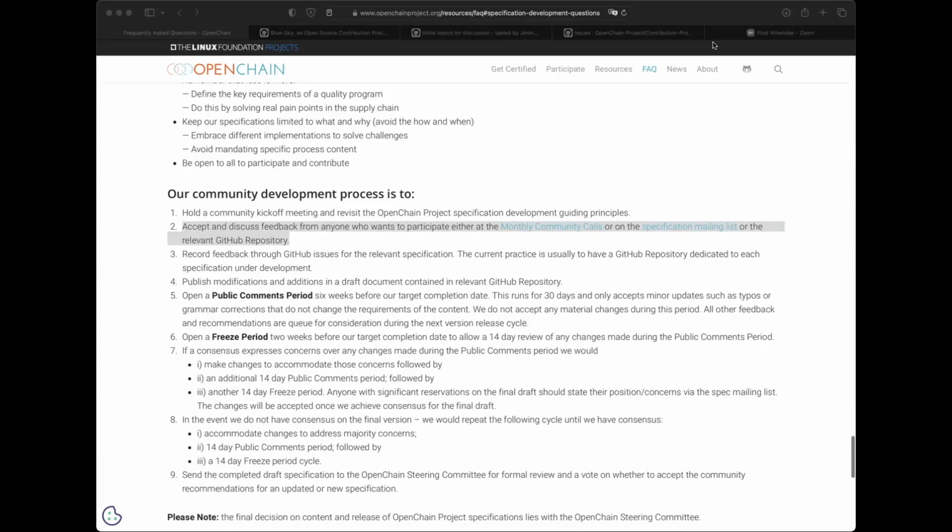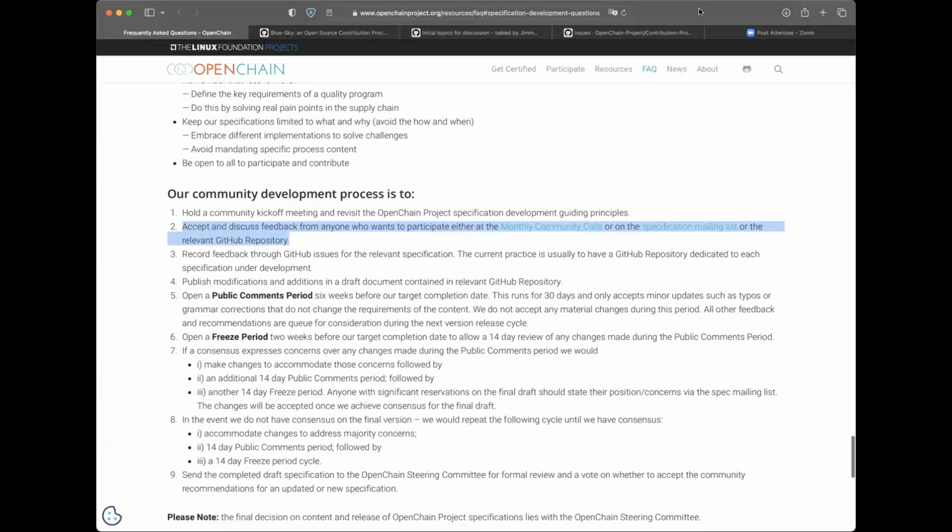So what we've done with the standards is we have never encouraged pull requests. And the reason is we don't want to fragment copyright. We need to move our copyright on the standards from OpenChain over to the Joint Development Foundation over to ISO.